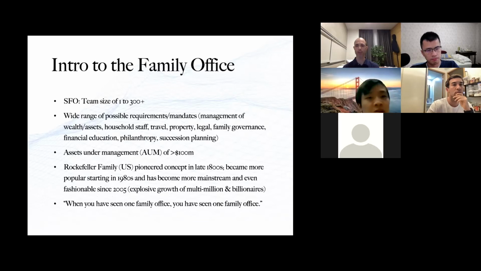Assets under management for a single-family office are usually no less than 100 million as a rule of thumb. The reason for that is because there are certain fixed costs associated with having a family office. And if the overall operating costs exceed usually around 2 or 3%, then it's difficult for it to make economic sense.